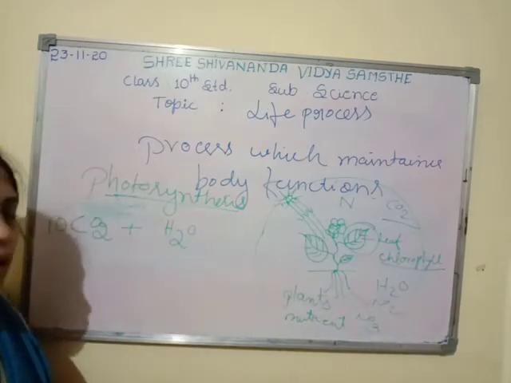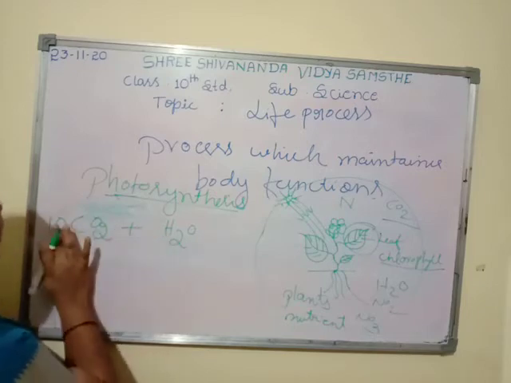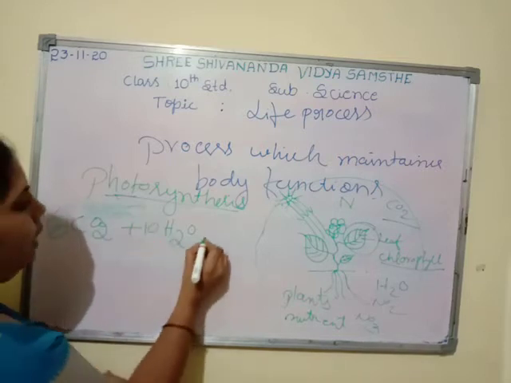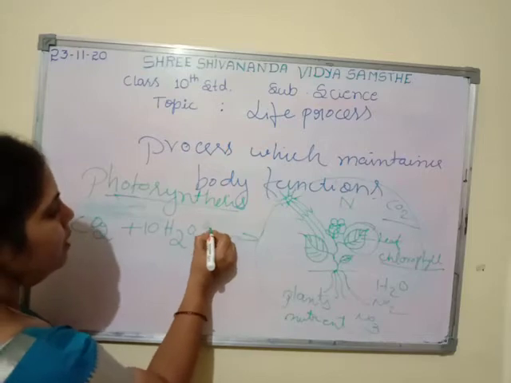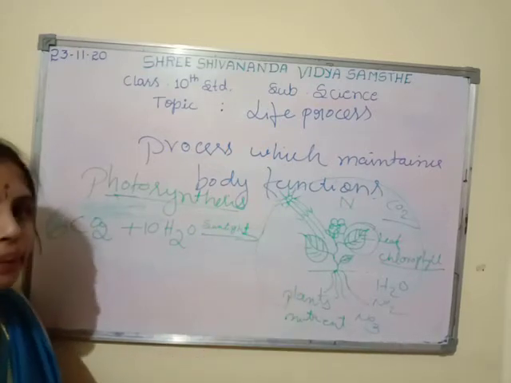How much water? So 6 CO2 plus 12 H2O gives rise to C6H12O6 plus water, with the help of sunlight. Without sunlight the plant cannot prepare its own food.